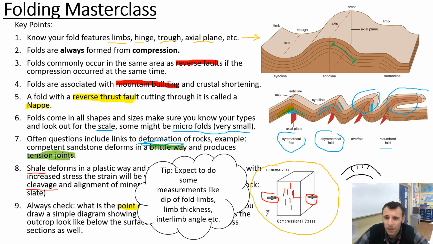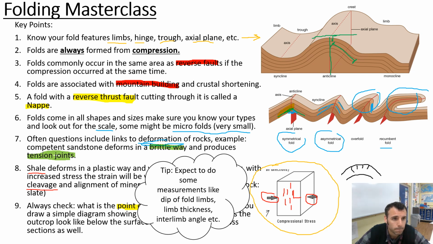It might be the dip of the axial plane, something like that. That one's at 90 degrees, which I've just highlighted on there, because if that's a horizontal line, that's 90 degrees. So that's going to be something to expect as well. Next slide will be all about the exam question.